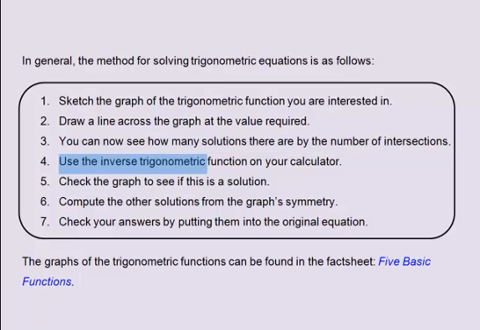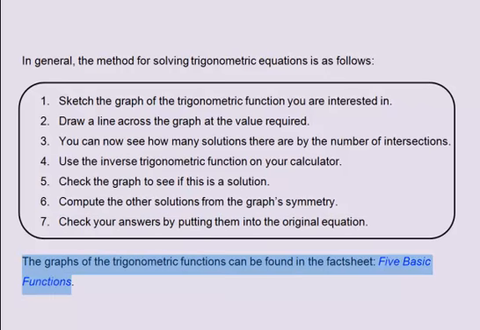Use the inverse trigonometric function on your calculator. 5. Check the graph to see if this is a solution. 6. Compute the other solutions from the graph's symmetry. 7. Check your answers by putting them into the original equation. The graphs of the trigonometric functions can be found in the fact sheet 5 basic functions.